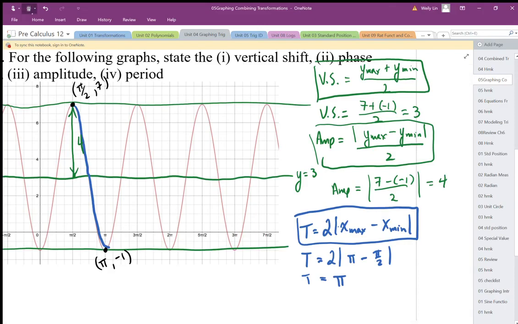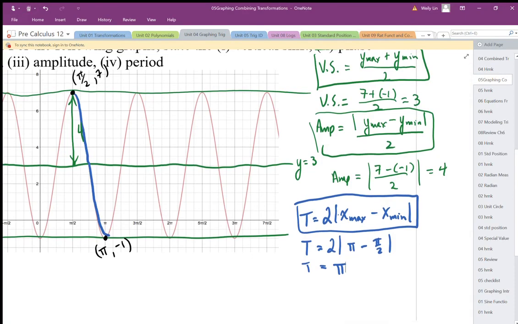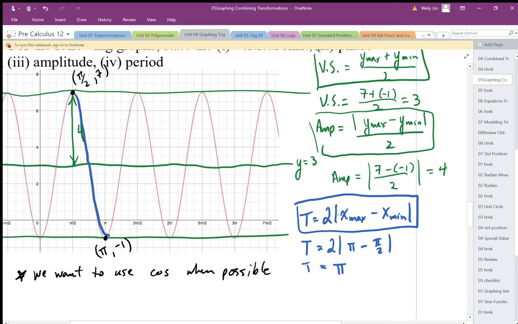Okay, the last part here is working out the phase shift. So I'm going to put a little star here. We want to use cosine when possible, because cosine is easiest. Because the nice thing about cosine is the max is our starting point.